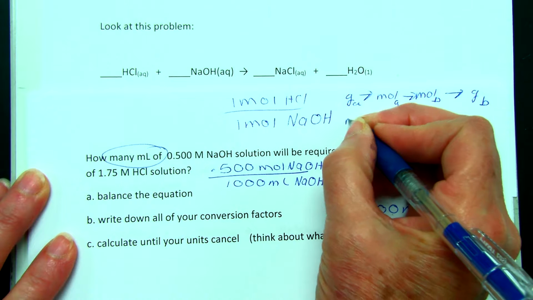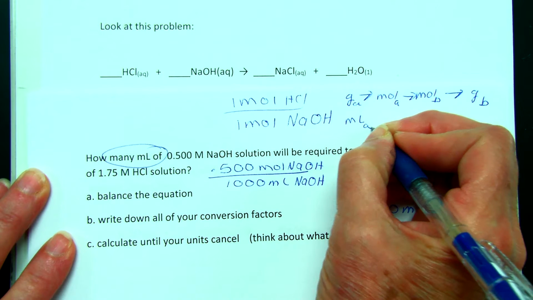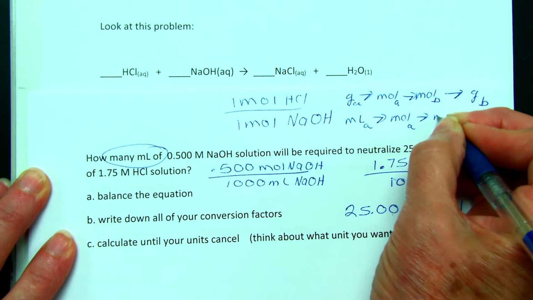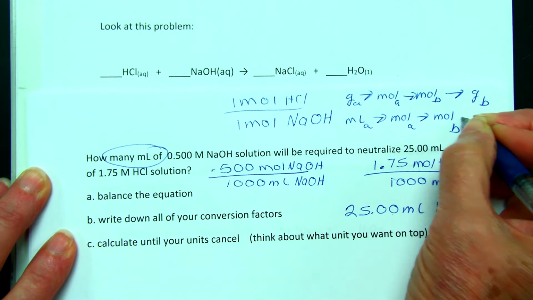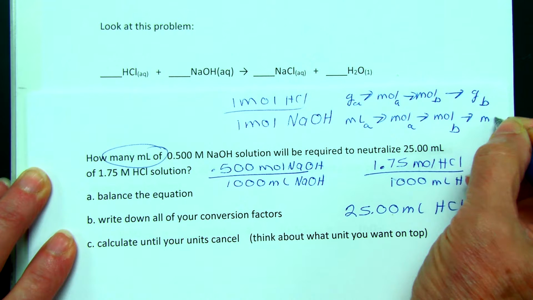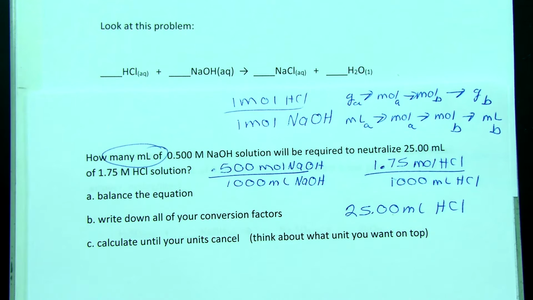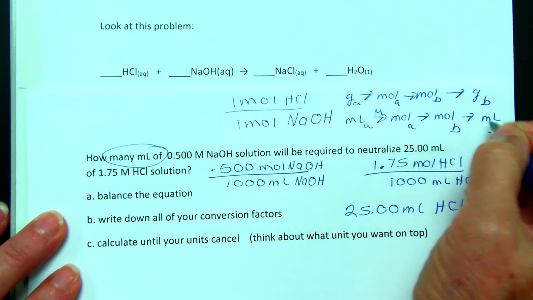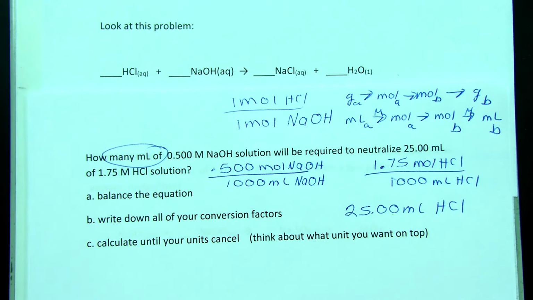Now we're going to do a similar thing, but milliliters of A into moles of A to moles of B, and then moles of B to milliliters of B. So it's the same thing, but now instead of using molar mass, we're going to use molarity to make the first and the third conversion.